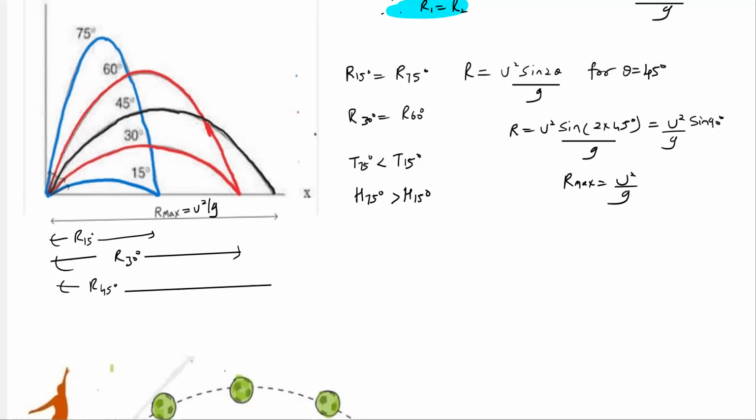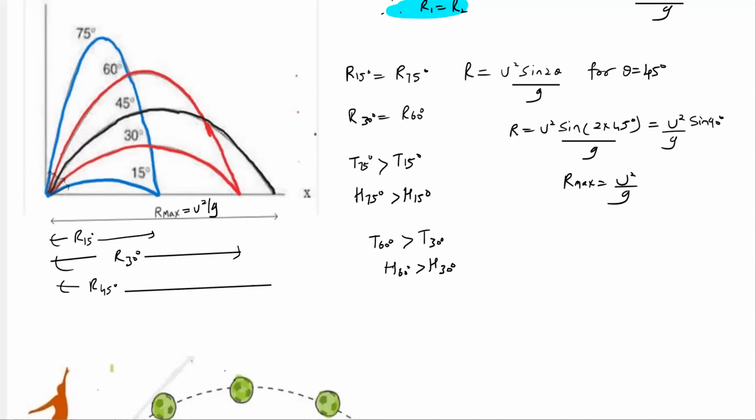Similarly, the time of flight for 60 degrees will be greater than that of 30 degrees. Then the maximum height ascended for 60 degrees will be greater than that of 30 degrees. I am showing these things here.